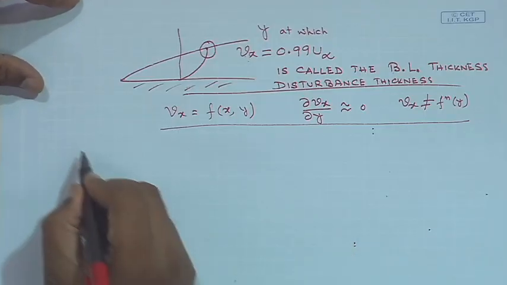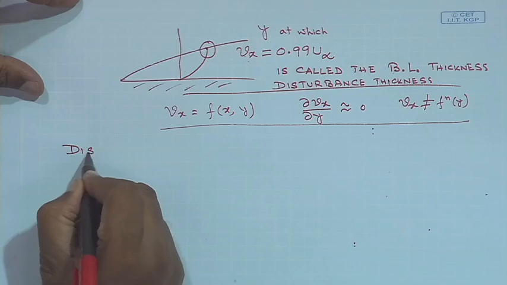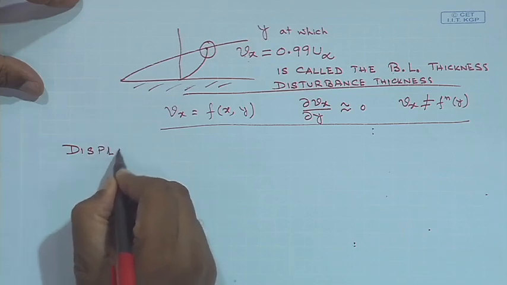If you think of an alternative method which is integral in nature, then that would probably give us a fairly decent error-free measurement of some sort of a boundary layer thickness, and that is what we are going to see next. So, the next approach is known as the displacement thickness.